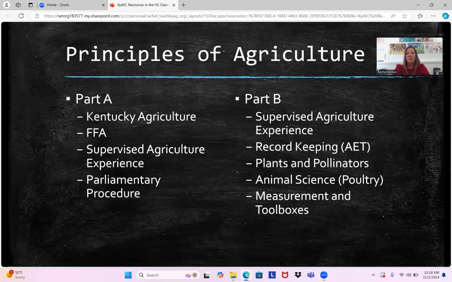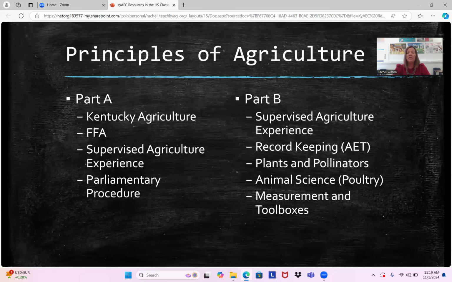So we allow our freshmen to start having some exposure to that and starting to plan what their SAE may be. And then in the second half of Part B, we focus on all of the different pathways that we offer at Central Hardin. So we have a plant systems, animal systems, and an ag mech pathway. And so we have a unit for each of those different pathways.